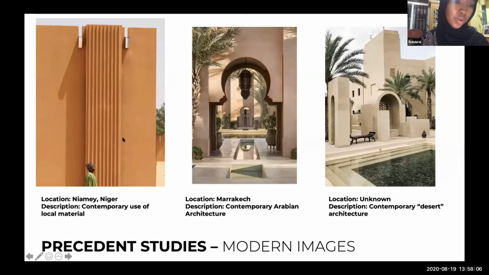So for my contemporary or modern precedents, I was looking a lot at the work of Mariama Kamara, who does work in Niger. She takes local materials, local knowledge and techniques, and the traditional architecture, which is also very heavily inspired by Hausa architecture, and translates it into a modern form.